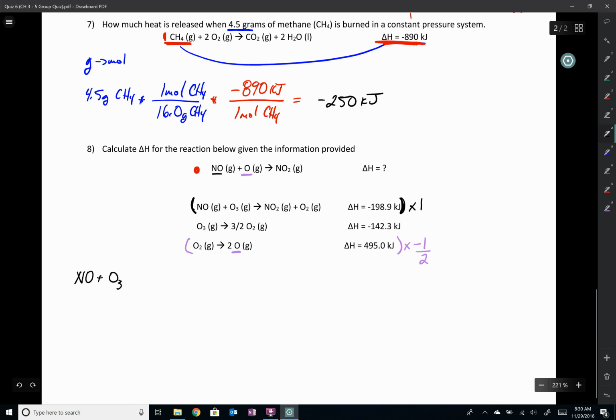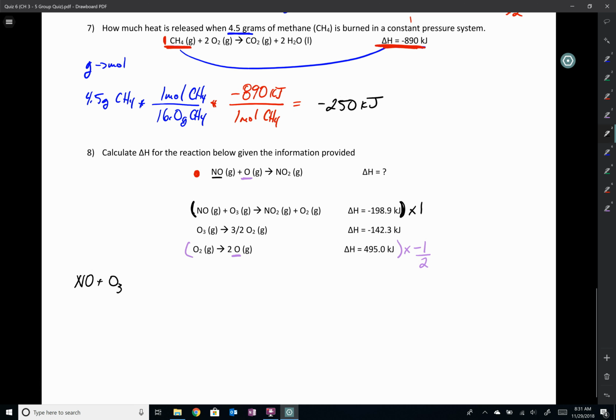In the purple, I'm going ahead and adding in my equation over here, the -1/2. So if we multiply the purple by -1/2, we would get plus O. That's everything on the left side of the arrow. Oops, I meant to put that in purple, just so we're tracking where everything came from.